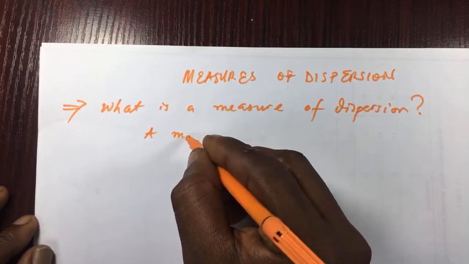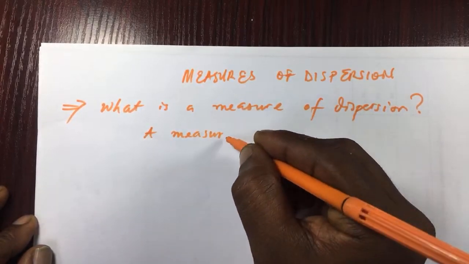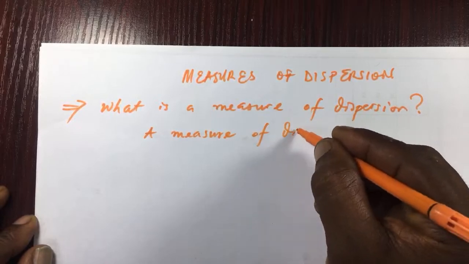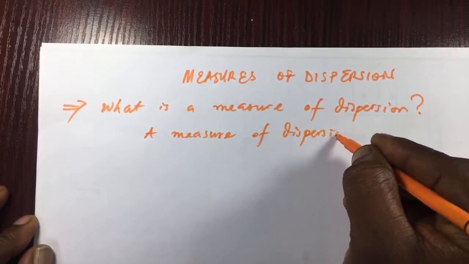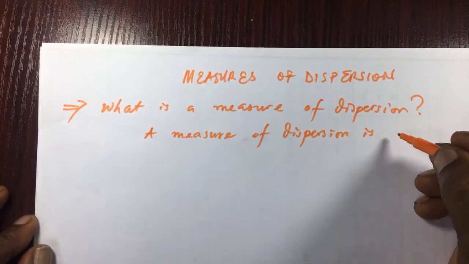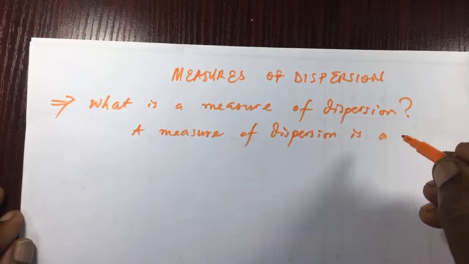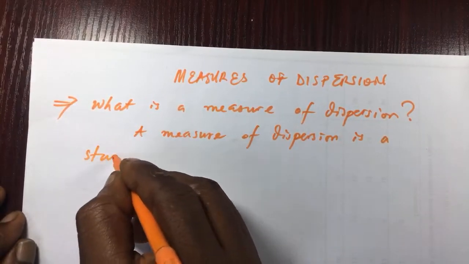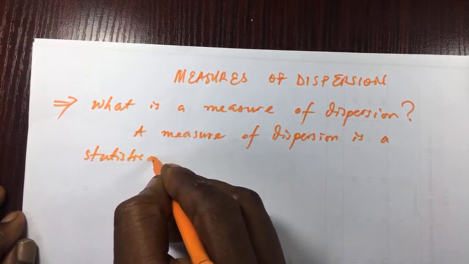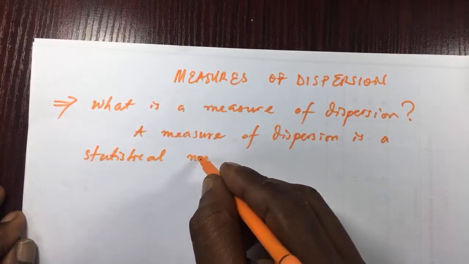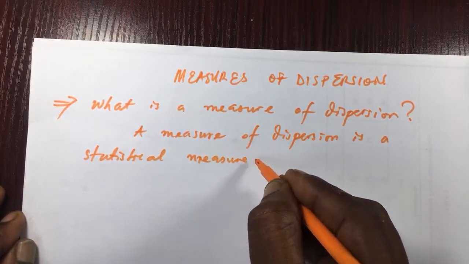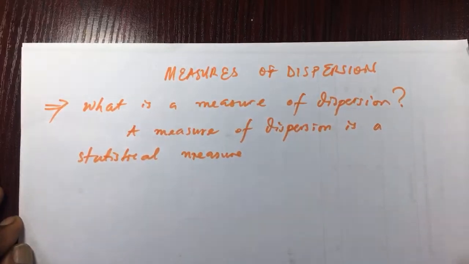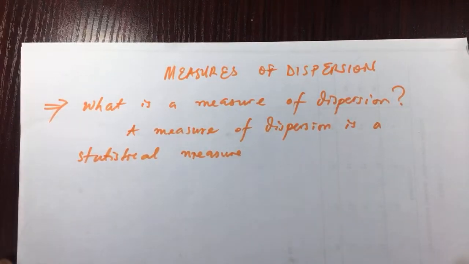So I shall define it in this manner. A measure of dispersion is first and foremost a statistical measure. There are so many statistical measures in statistics, as a branch of study.